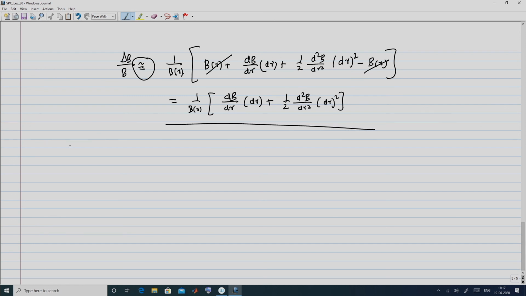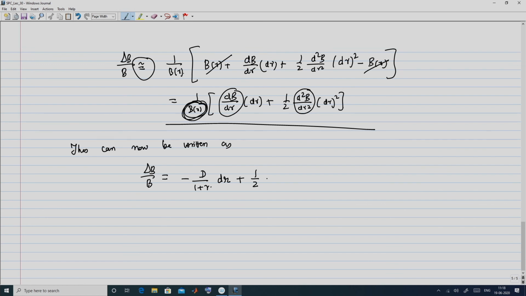Now, once I have this expression, delta B over B, and dB over dr is simply going to be minus D over 1 plus r times B. So, we basically have this term dB over dr divided by B of R, which is nothing but minus D over 1 plus r multiplied by dr, plus half d square B dr square divided by B of R. This half term comes outside, and the remaining term, d square B dr square over B of R, you would recall is the definition of convexity.